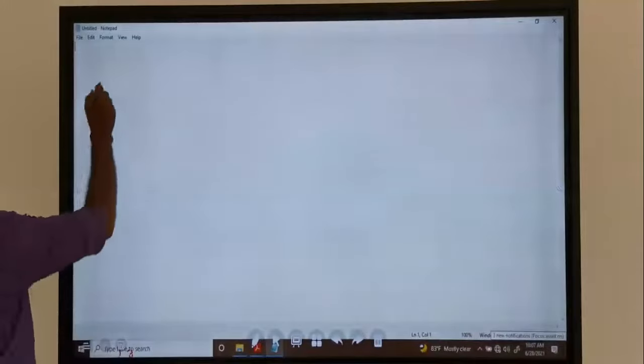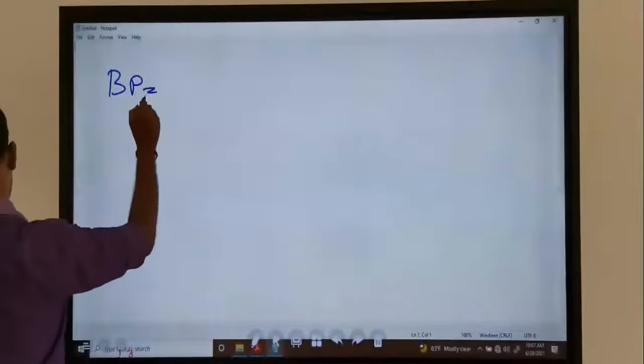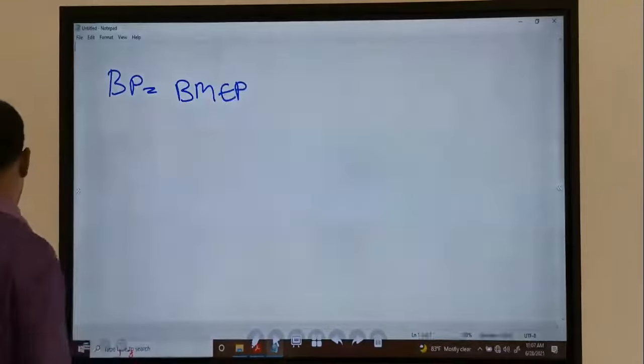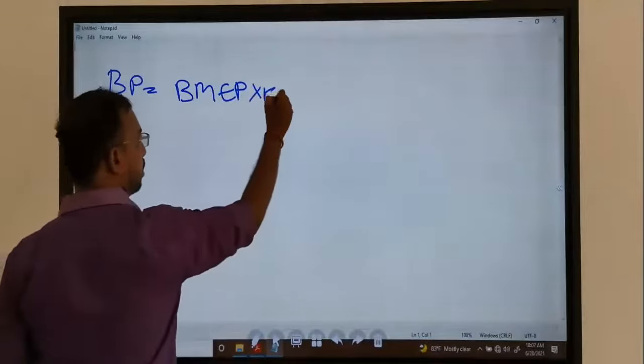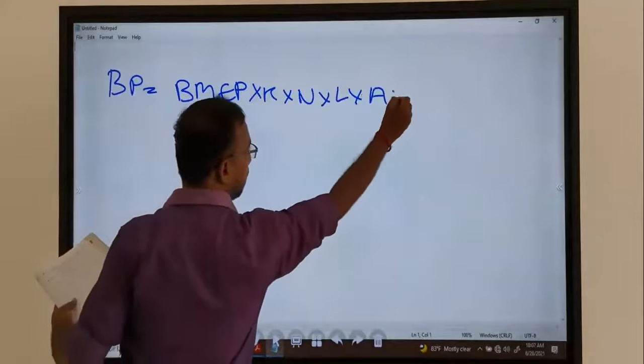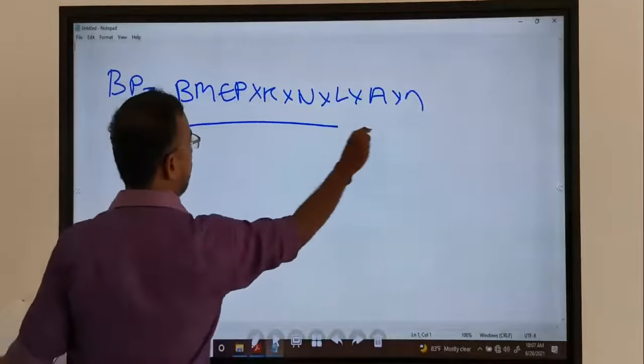So the same equation: brake power equals P times L times A times N over 60.